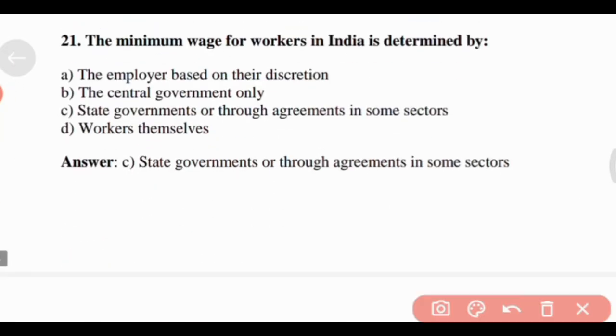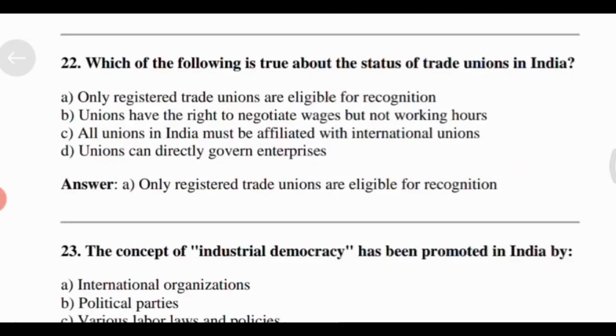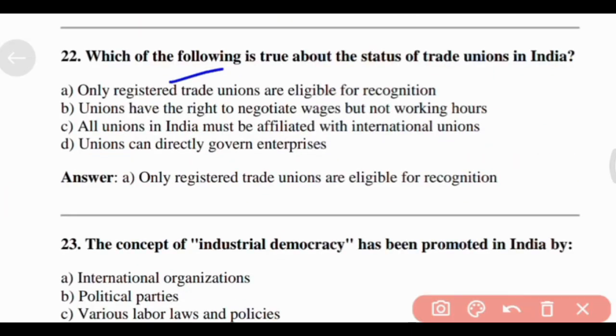The minimum wage for workers in India is determined by option C, state governments or through agreements in some sectors. Which of the following is true about the status of trade unions in India? Option A, only registered trade unions are eligible for recognition.